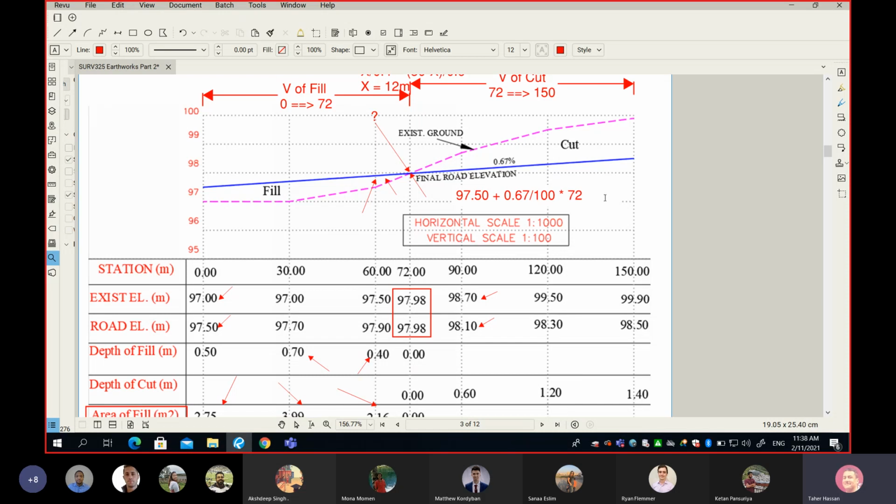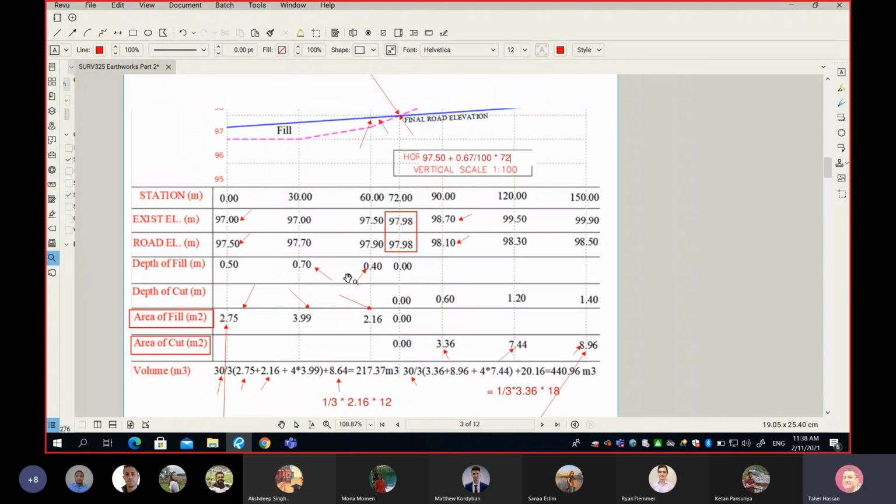Because you're trying to estimate the road elevation at station 72. So we go 97.5, that's the road elevation at the start, plus the slope, multiplied by the distance, which is 72. Yeah, I got the same. Thank you. Okay, perfect.